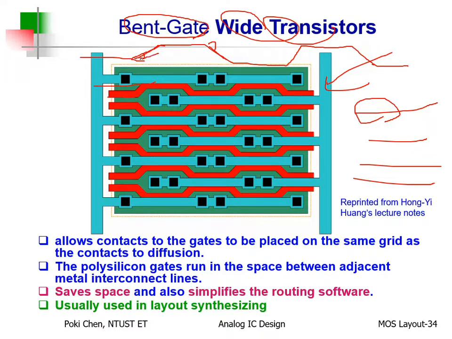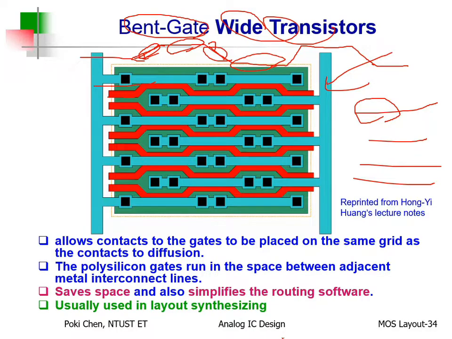And the length here for bending and also for the straight part, all of them are fixed. The length here, here, here, and there, all of them are fixed. So according to such regularity, it is much easier for EDA tools to handle.